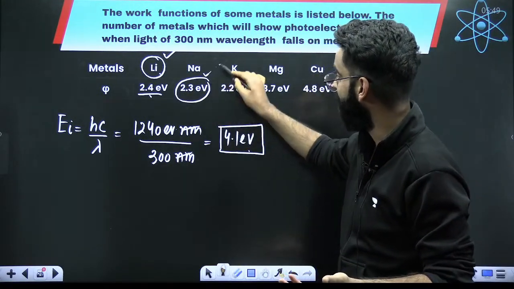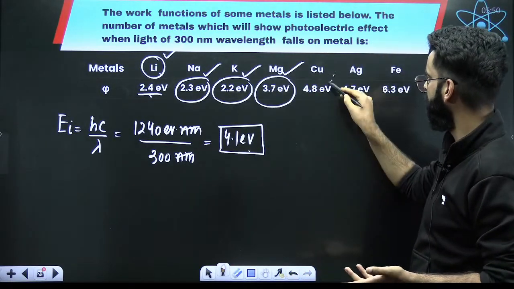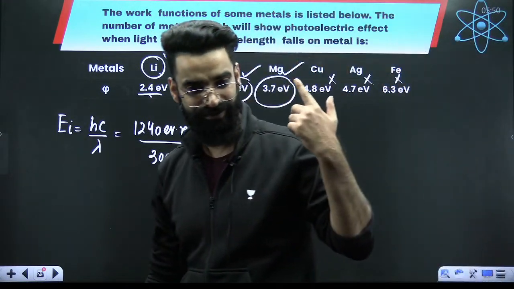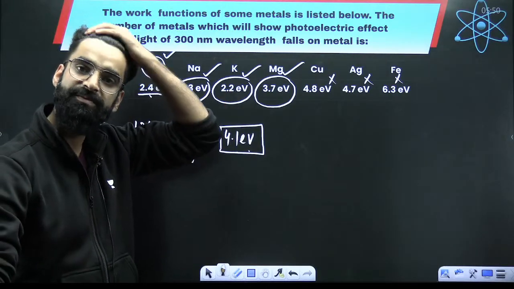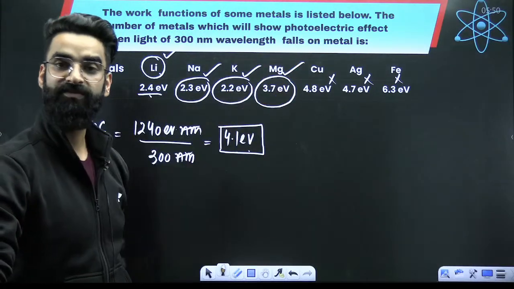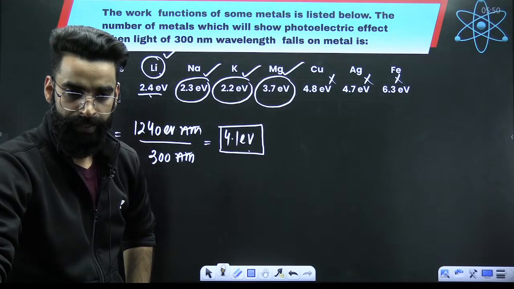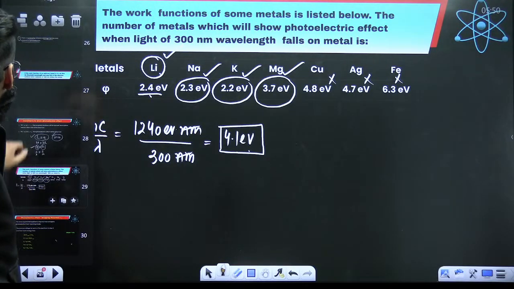Here again it's less, it will be observed. Here again it's less, observed. Here again it's less, observed. Not here, not here, not here. This was the question asked in your JEE Mains 2 years back: in how many metals will photoelectric effect be observed? So there are 4 metals wherein we can see the photoelectric effect. Yes? Perfect, guys? I believe it's clear.